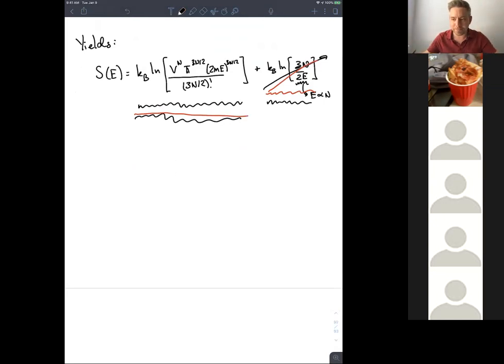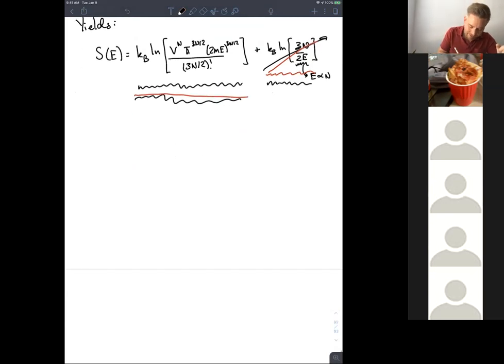So we get that the entropy is equal to, for this first term here, the logarithm of v to the n. The logarithm of something to an exponent, you can just pull the exponent out in front, and so I get n log v.